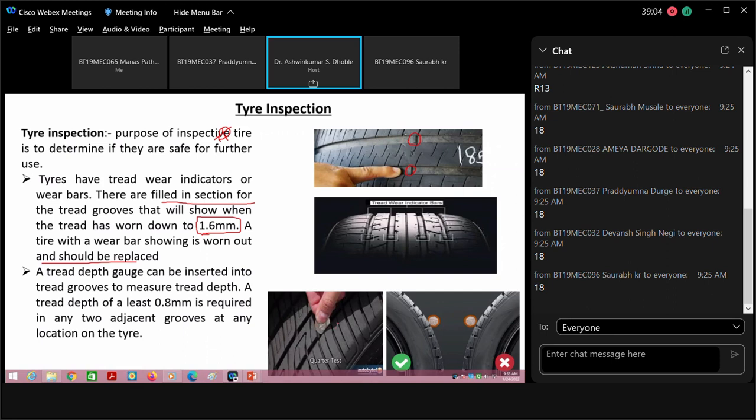So that is basically the correct way. So quarter test. So this is the wrong way because you are not inserting it into the tire tread. So this is also a test for tire inspection, to find out tire wear.